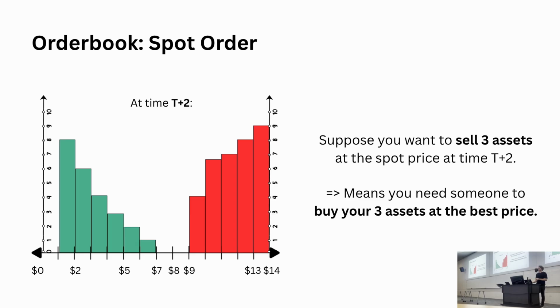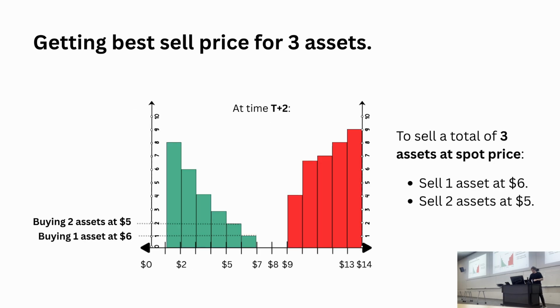For the purpose of the example, let's do the opposite order now. Suppose that you now want to sell 3 assets. What does it mean? It means that somebody has to buy those assets from you. And for that purpose, we have the buyers in the order book and the orders who are willing to buy an asset. So it's going to look very similar for the market sell order.